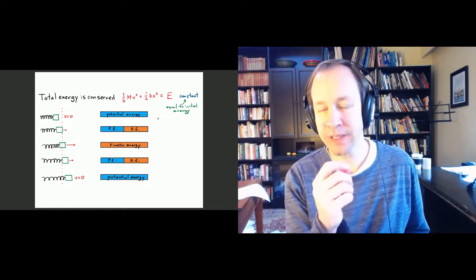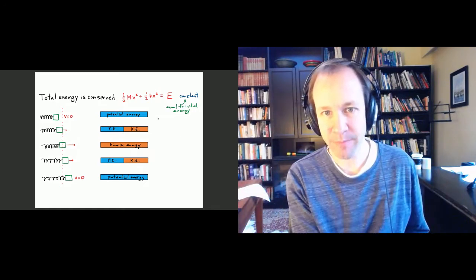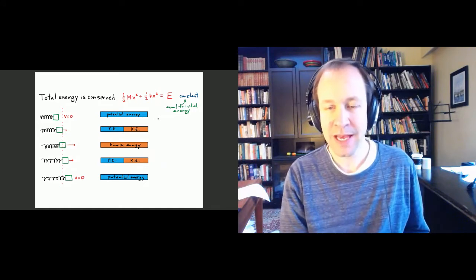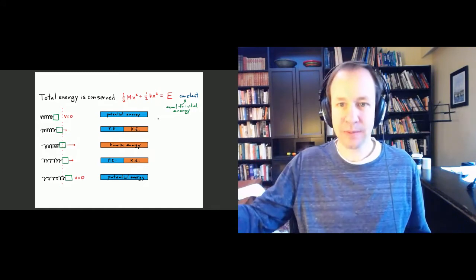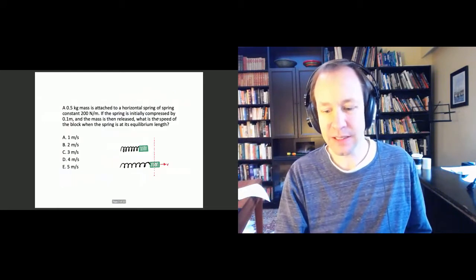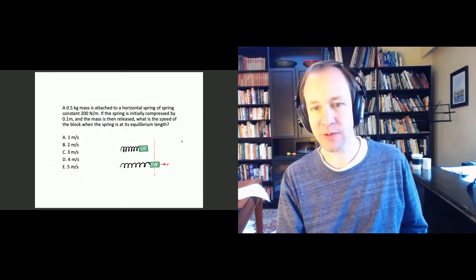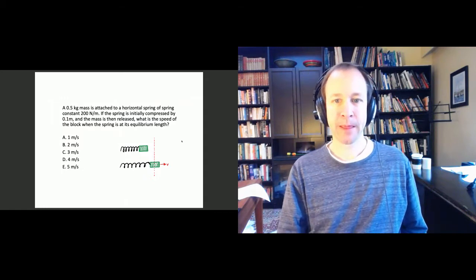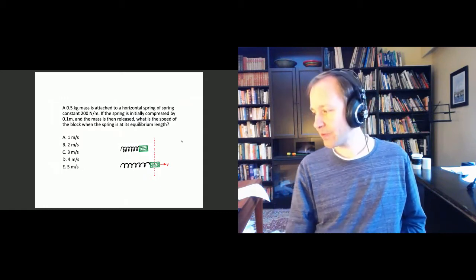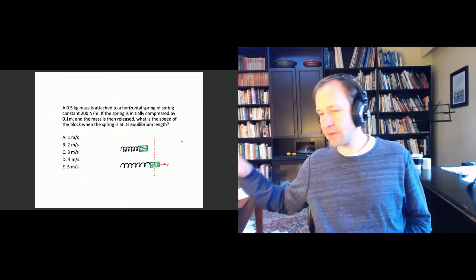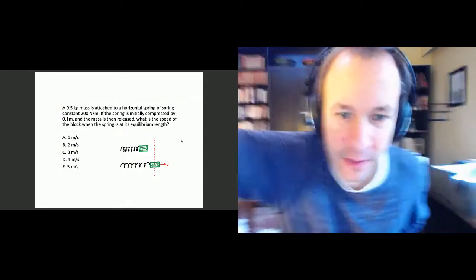So maybe you only know the position and velocity at some point during the oscillation, and then you want to predict what's going to be the maximum velocity during the oscillation. So that's basically what this question is saying. Think about that. Pause the video for a moment, and then we will discuss it.